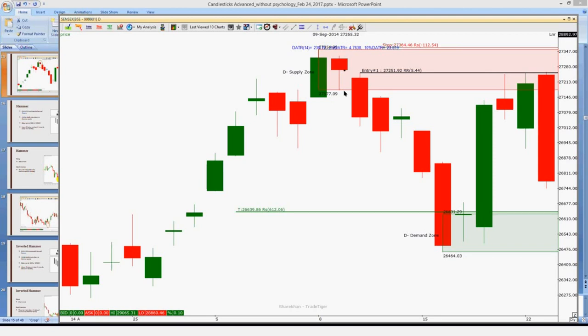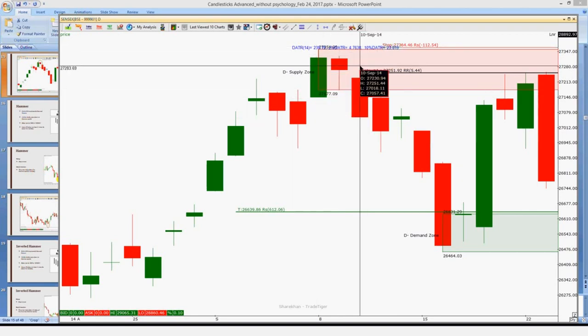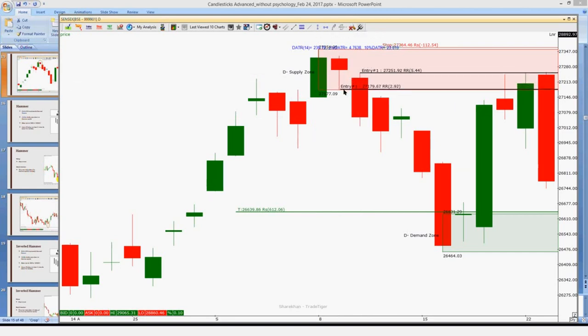Now I need additional confirmation here, so I'll wait for price to close below the low of this candle, and therefore I have this rally based drop. Now I can plan my entry like this, totally up to me. Let's say I plan my entry like this.